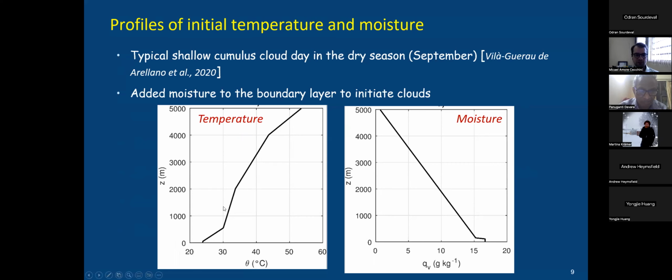You can see that the temperature profile at 6 a.m. is rather stable, so it will not form deep convection. And then we just add a little bit more moisture to the boundary layer to make sure that we can initialize clouds. This is horizontally homogeneous throughout the domain, but on the surface we add random temperature perturbations to initialize clouds.